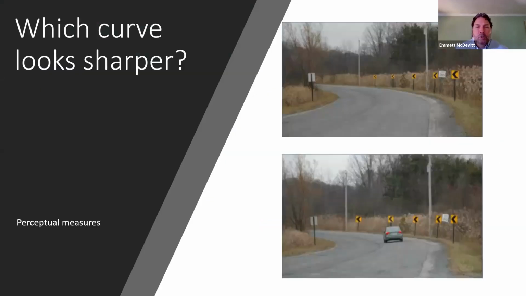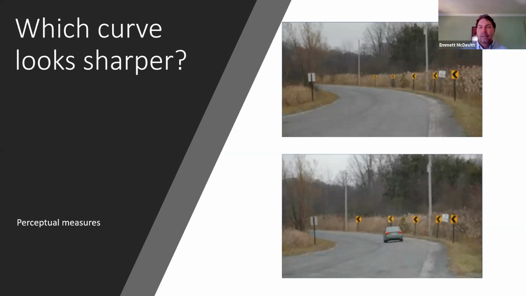The other thing we can do is perceptual measures, very low cost in terms of roadway departure. Even though this is the same curve at the top and the bottom, which one looks sharper? Obviously, the one on the bottom looks much sharper.